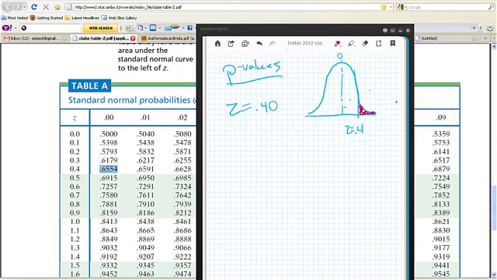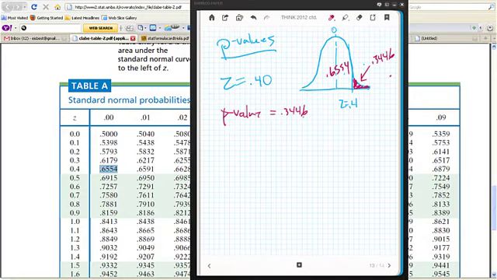So that tells me that everything to the left over here is 0.6554. If this is 0.6554, then isn't this guy right here, which is the probability of getting values at least as extreme, 0.3446? So my p-value equals 0.3446.